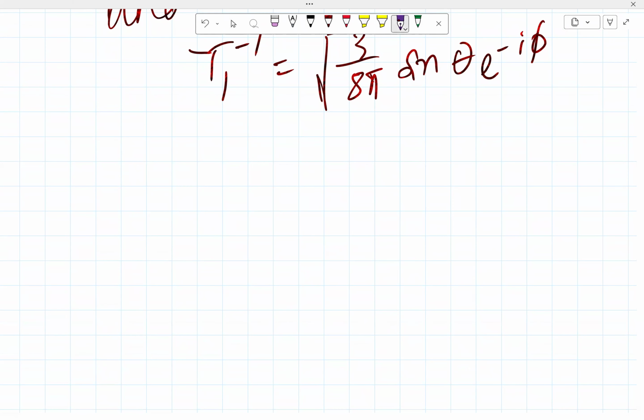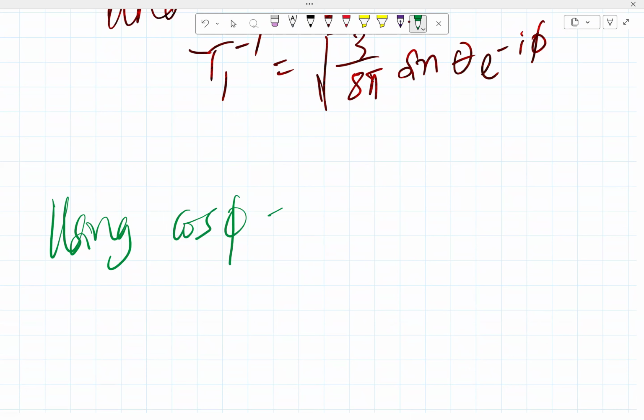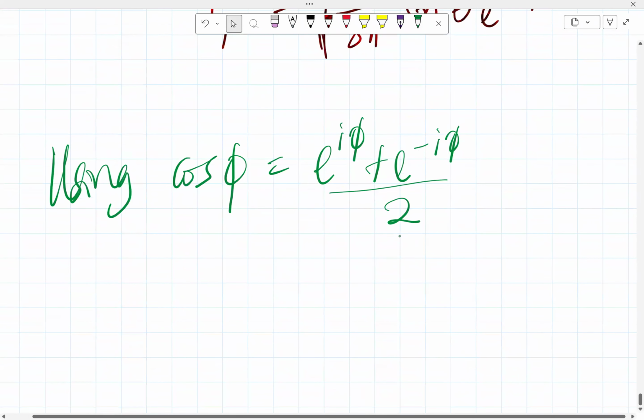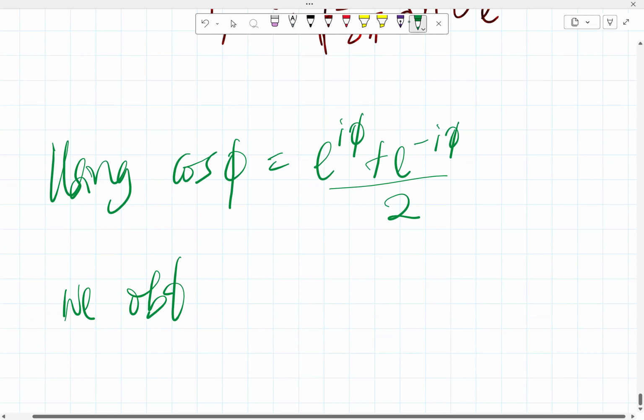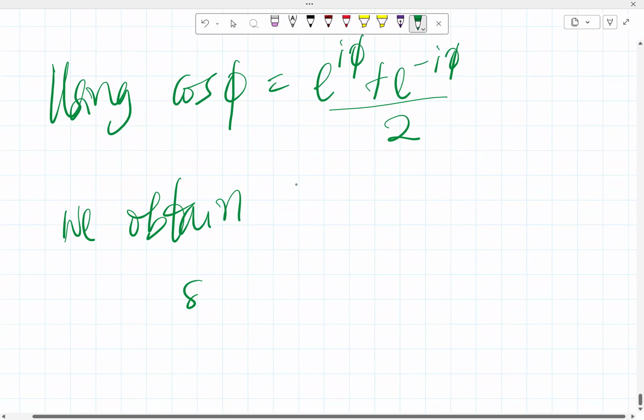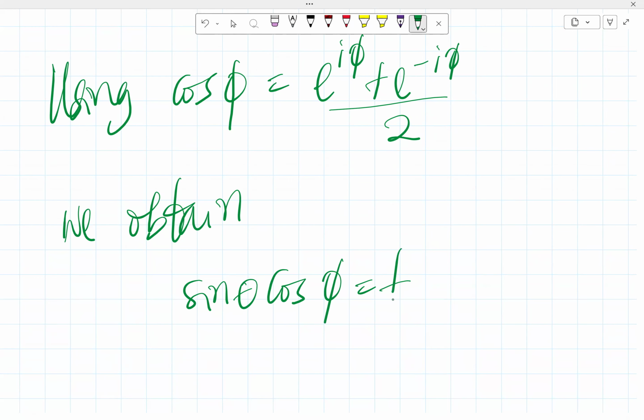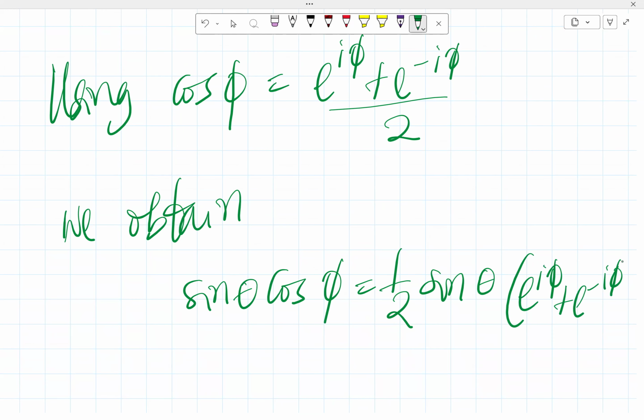So now using cos φ, which is (e^(iφ) plus e^(−iφ)) all over 2, we obtain that sine θ cos φ can be expressed as 1 over 2 sine θ times (e^(iφ) plus e^(−iφ)). That's sine θ cos φ.